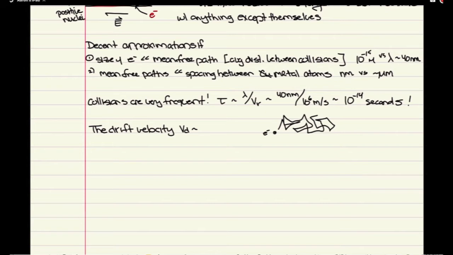So we can estimate this drift velocity as the acceleration it feels from the electric field multiplied by the time it takes in between collisions. Because after it experiences a collision, its velocity is essentially reset, but in between collision A and collision B, its velocity is slightly tweaked because of the electric field. And this is how we will estimate the drift velocity that all the electrons are experiencing.